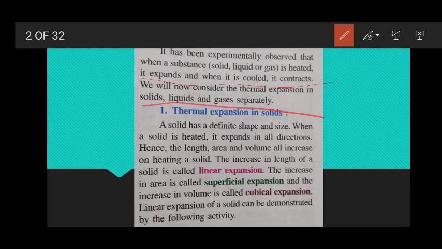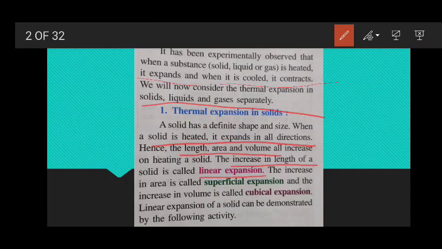A solid has a definite shape and size, and when a solid is heated, it expands in all directions. All directions means it expands in length, area and volume, all. Clear? So the increase in length of a solid is called as what? Linear expansion.